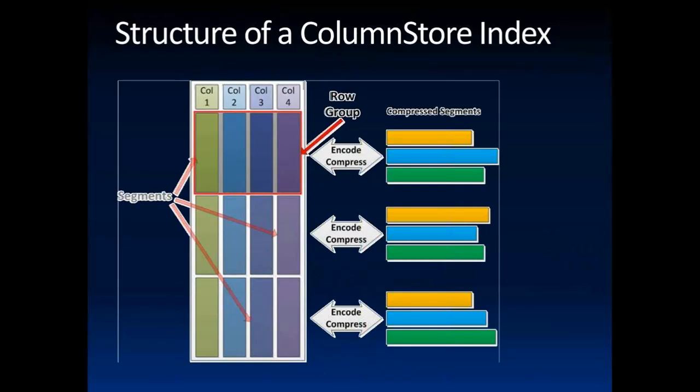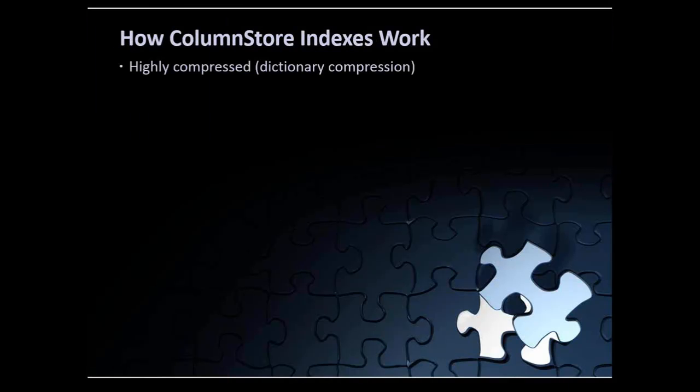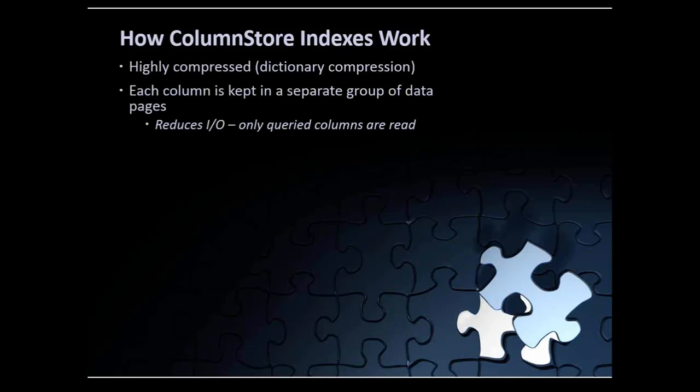The data is then encoded and compressed, and ColumnStore compression is highly efficient. So how they work, they're highly compressed using dictionary compression. Each column is kept in a separate group of data pages. That means that only queried columns need to be read, and only frequently accessed columns take space in memory.